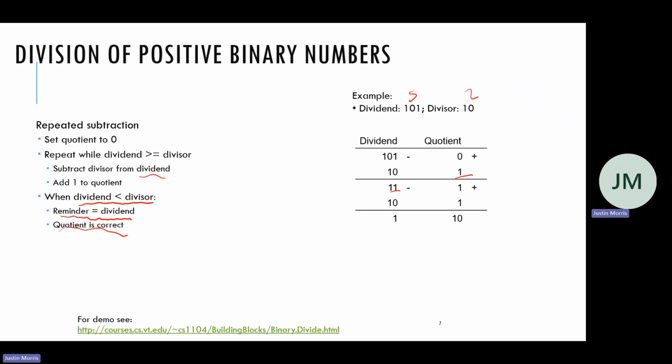Subtract 2 from 3, I get 1. Again, I add 1, but now 2 is larger than 1, so I'm done, right? So my quotient is 2, my remainder is 1. Right? So 5 divided by 2, the quotient is 2, remainder is 1, right? So we can check our work. We follow this? Makes sense?